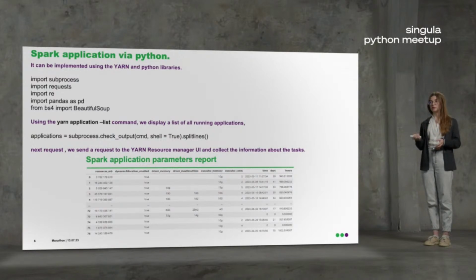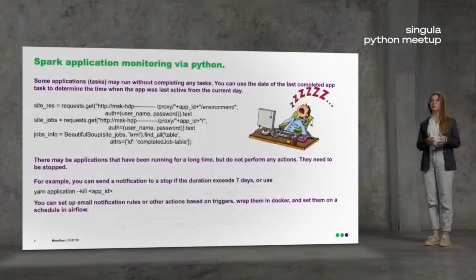Why is this even necessary? Using this information, you can configure triggers for specific events. For example, some apps can run without performing any tasks. You can use the date of the last completed task of the app to determine the time of its last activity.